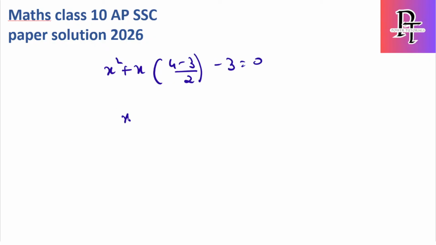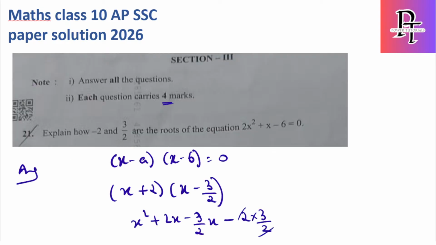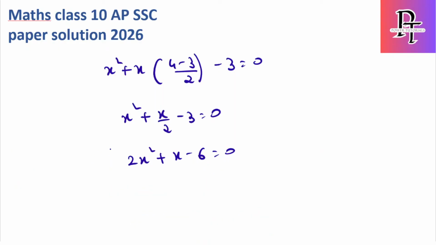So x square plus, 4 minus 3 is 1, so simply x by 2 minus 3 is equal to 0. Multiply the whole equation by 2, this equals 2x square plus x minus 6 is equal to 0. Let's see what they have mentioned in the question. 2x square plus x minus 6 is equal to 0. Hence we got the same equation. Okay, let's move to the next one.